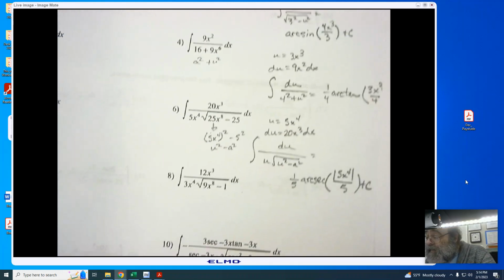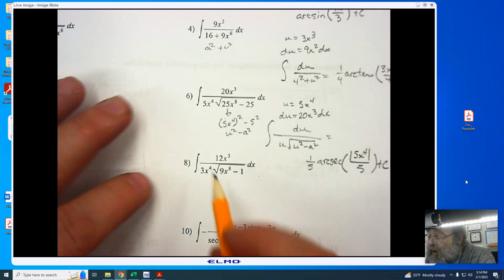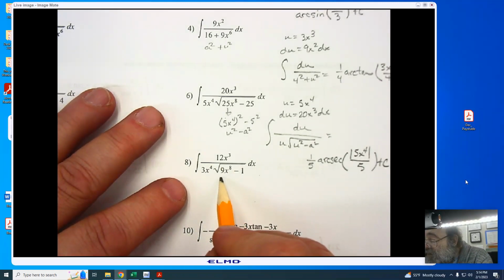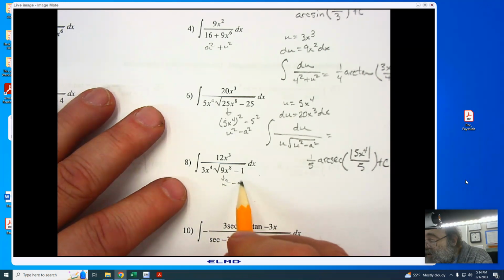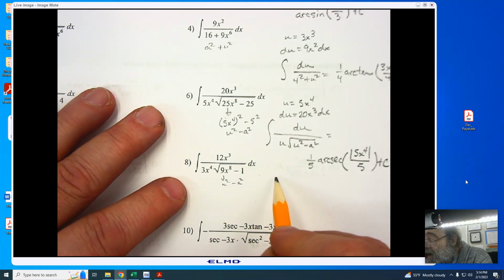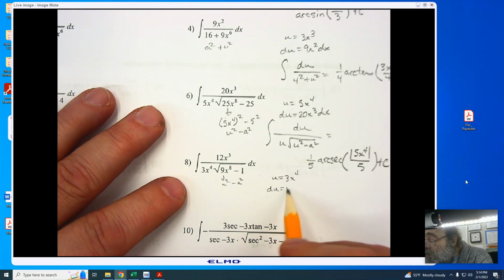All right, this brings us to number 8. When working with number 8, we see this as our u squared minus a squared. So we're looking at u equaling 3x to the 4th, and our du is 12x cubed dx. Direct substitution, we're looking at a du on top.